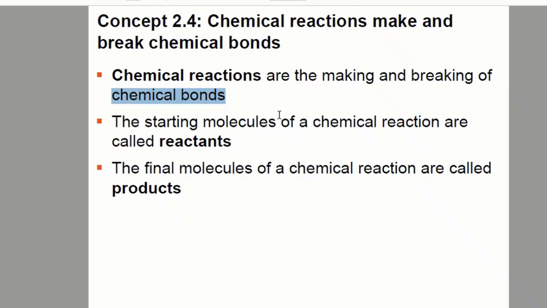And the end or final products of those molecules in a chemical reaction are called products. Sometimes they may say chemical products, don't be confused by that. It's still the same thing. Sometimes they can say chemical reactants. It's still the same thing.